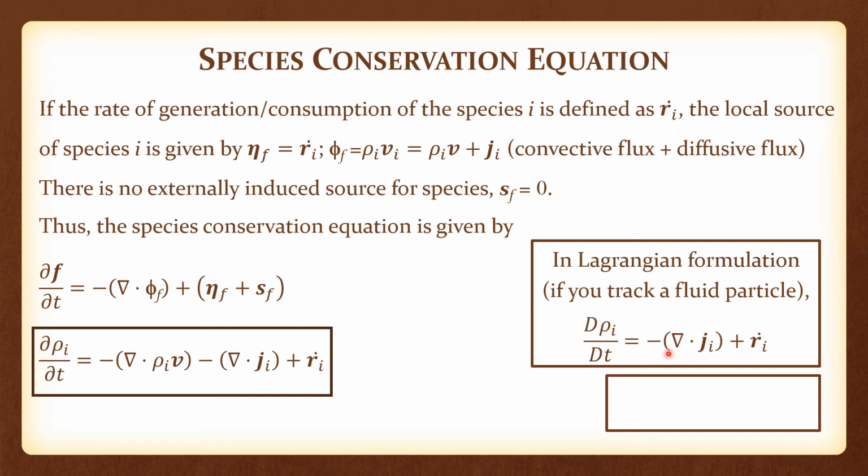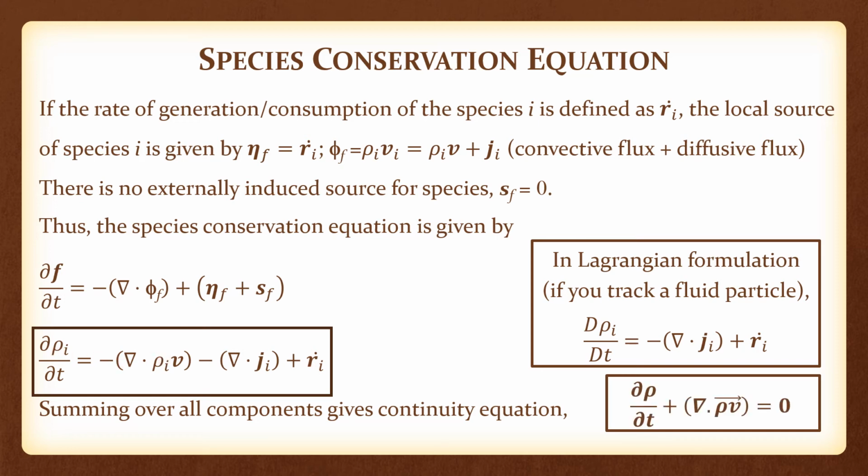Then on the right hand side, you have only the diffusive flux and the homogeneous reaction term. If you sum over all these components, then this term will vanish. The net diffusive flux will be 0, and then all this will vanish. So if you have converted one species into another, whatever has been lost for one species will be gained for another species. All of this will vanish, and then these two terms will essentially sum up to your continuity equation. So this is your species conservation equation.